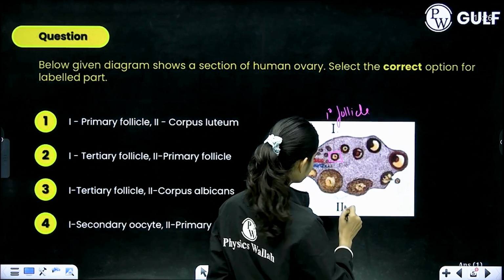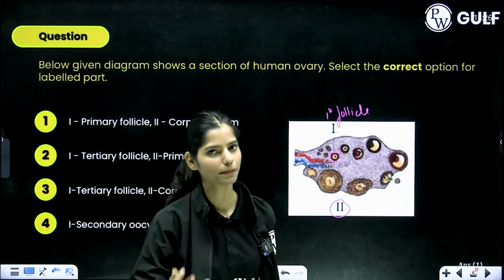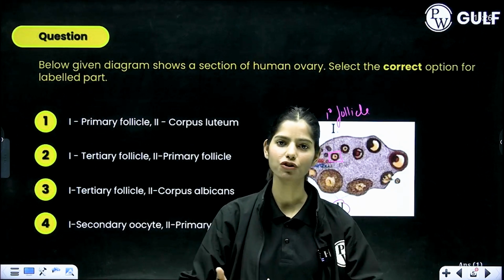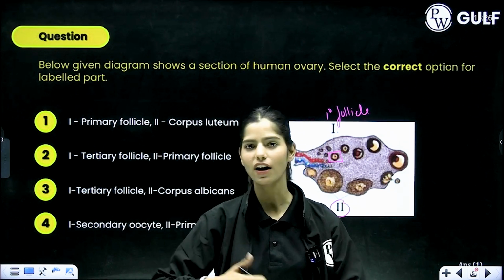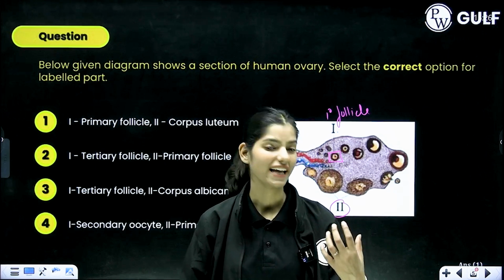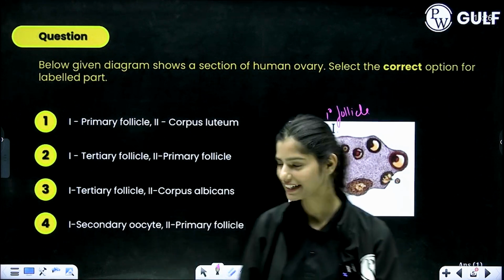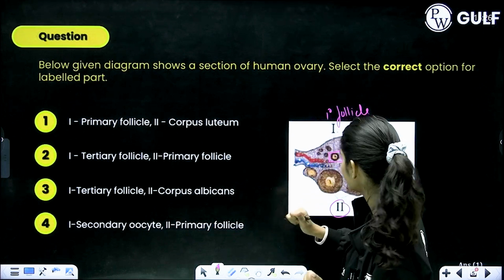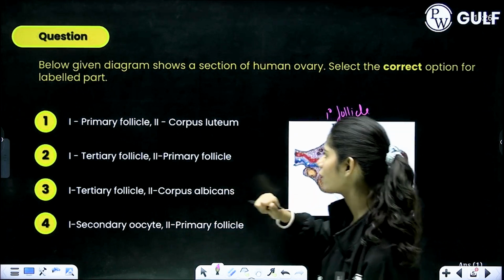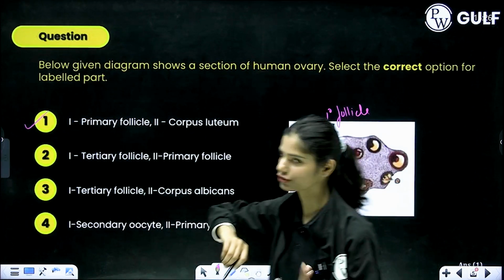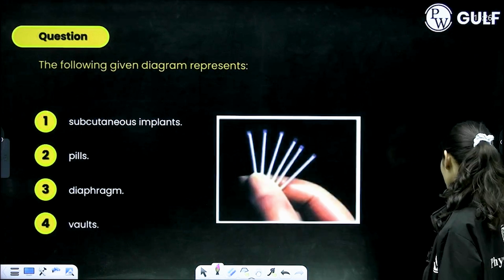And the second part is the corpus luteum. When the follicle ruptures, it gets transformed into an independent endocrine tissue, which is called the corpus luteum. So the correct answer here is: first is primary follicle and the second is corpus luteum. The first option is absolutely correct.